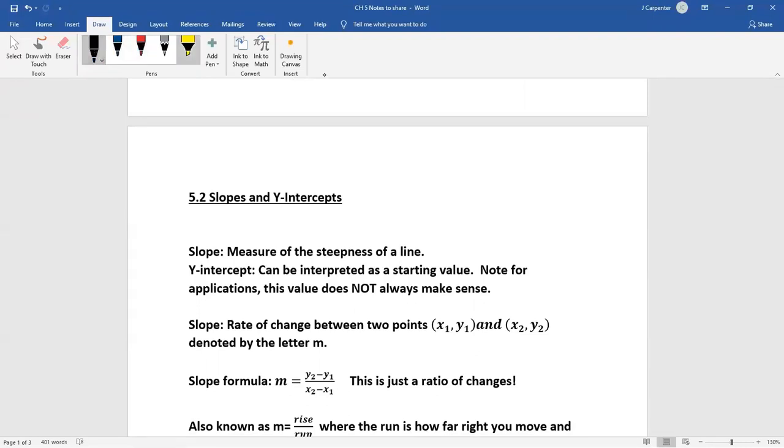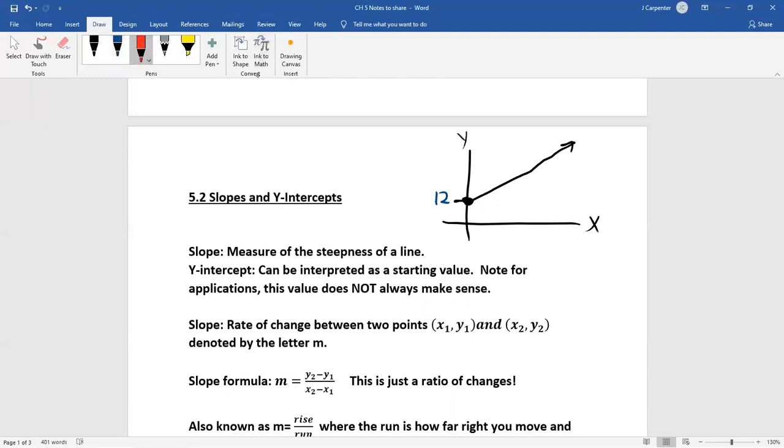So if you have a line over here, let's put our axes. Let's say we got a point at this height right here, and then the line just kind of keeps going up from there. And let's just pretend like this number here is 12.